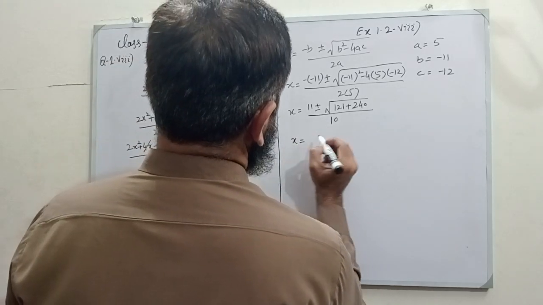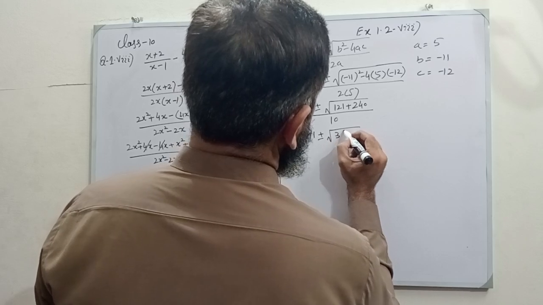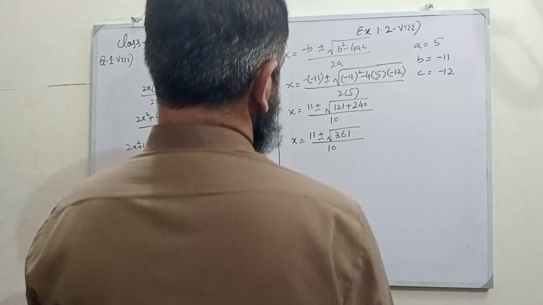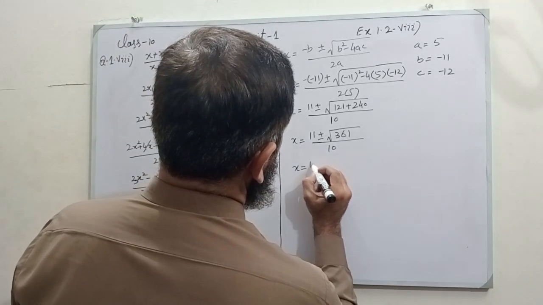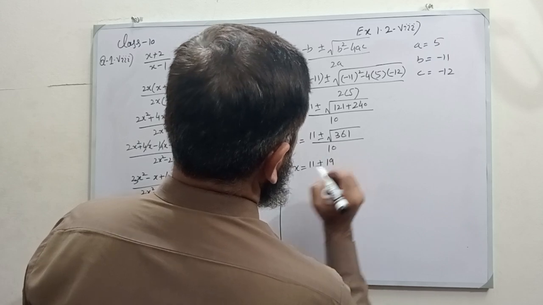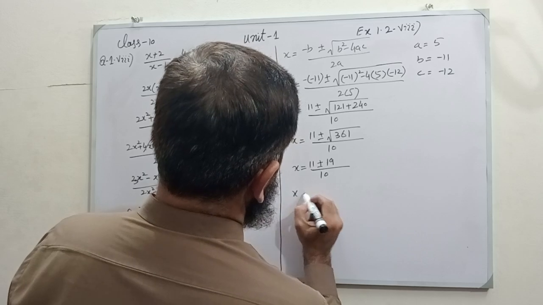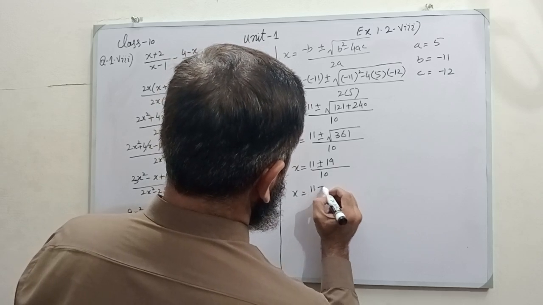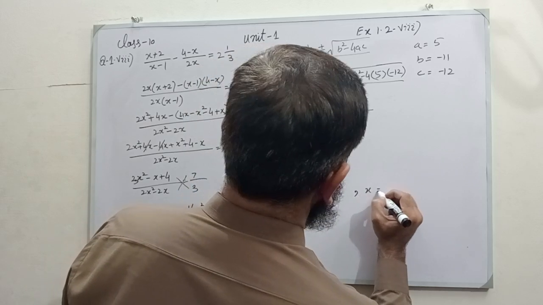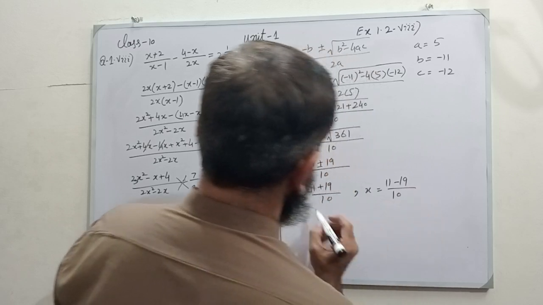So here x is equal to 11 plus minus 361 divided by 10. Okay, x is equal to 11 plus minus, this will be the square root, it will be 19 over 10. So x is equal to 11 plus 19 over 10, and x is equal to 11 minus 19 over 10.